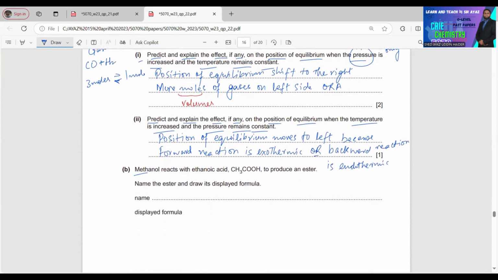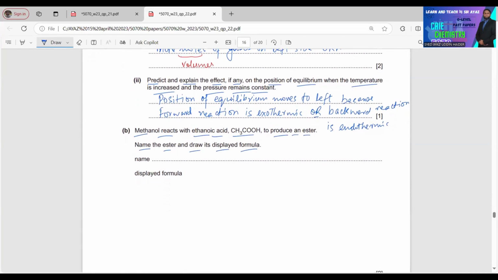B. Methanol reacts with ethanoic acid CH3COOH to produce an ester. Name the ester and draw its displayed formula. So we have methanol and ethanoic acid.